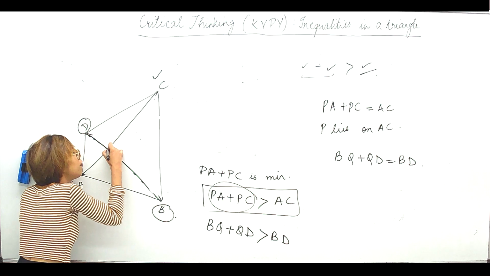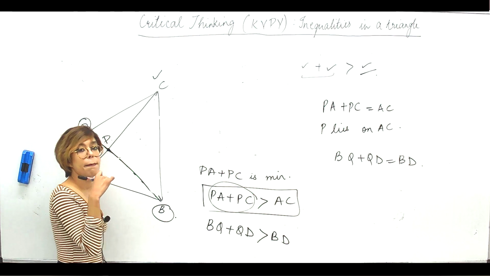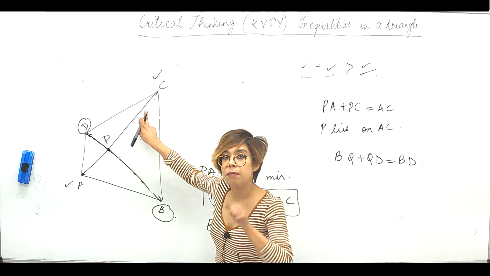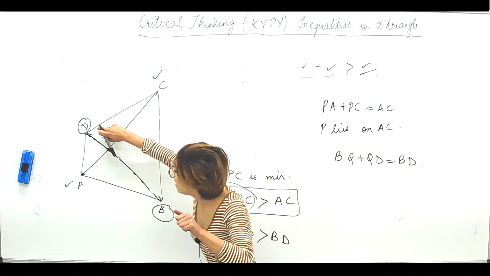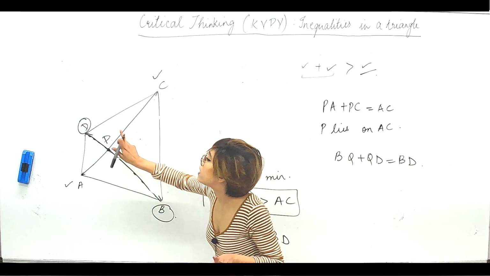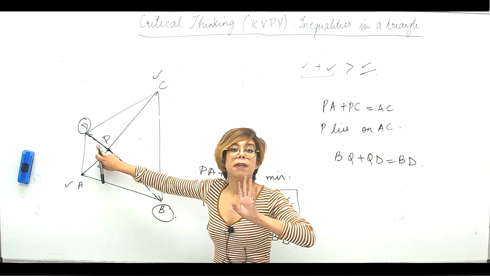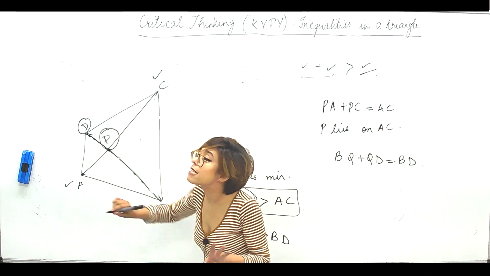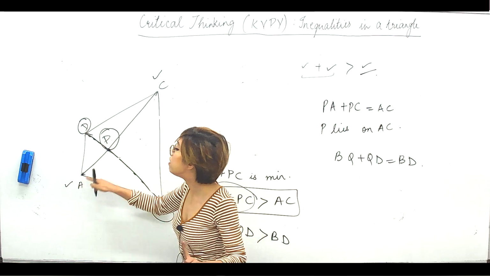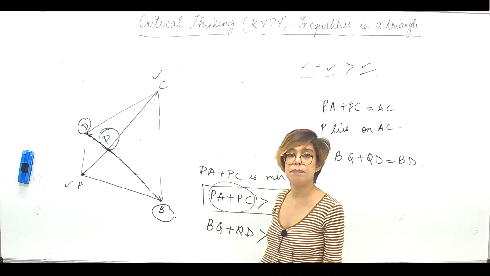Which is that point? Obviously, the point of intersection. PA plus PC is minimum as well as PD plus PB is minimum. That means the sum of all these four would be minimum. And this is nothing but the point of intersection of the diagonals of the quadrilateral.